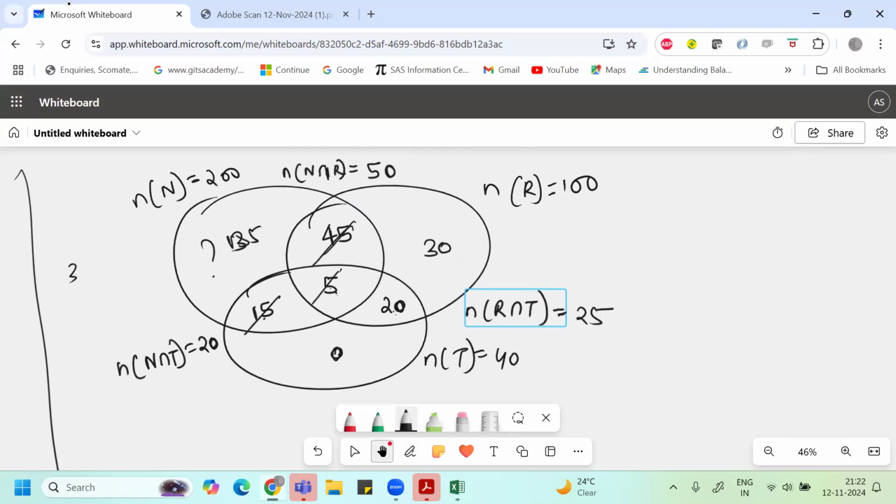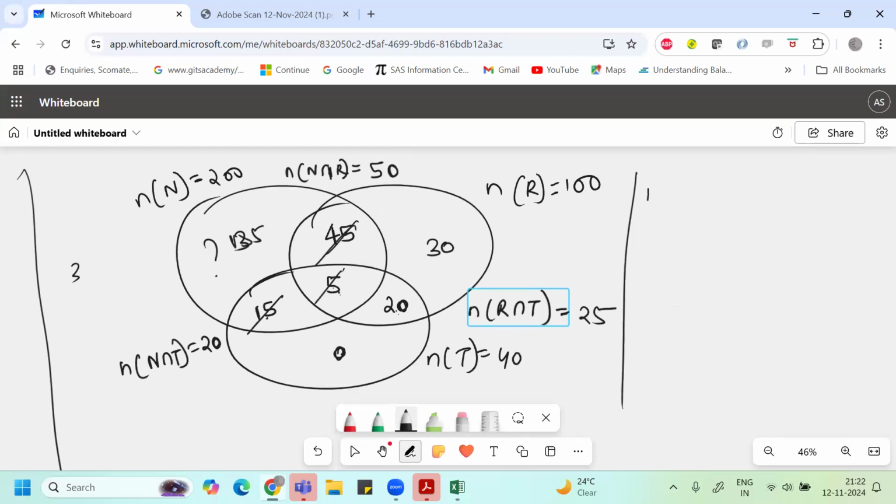Then if you find N of newspaper union radio union television, you do the sum: 135, 45, 5, 5, 15, 30 and 20. These many elements are there.